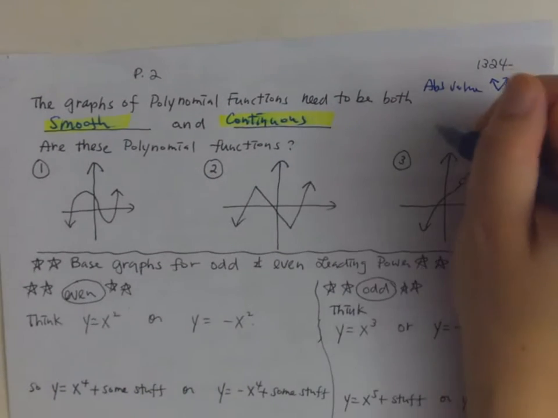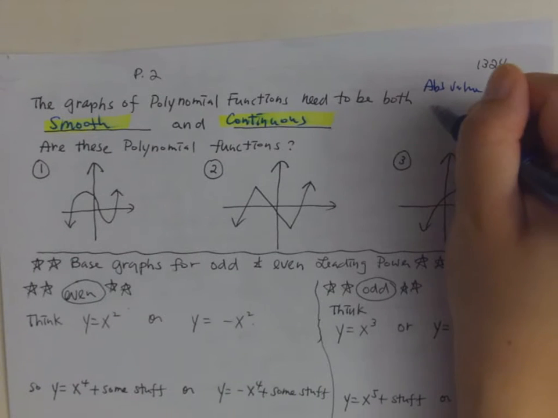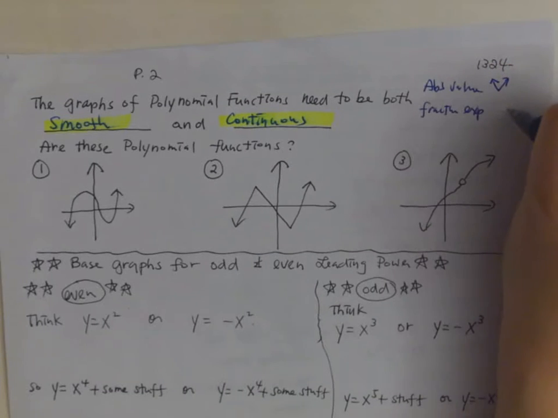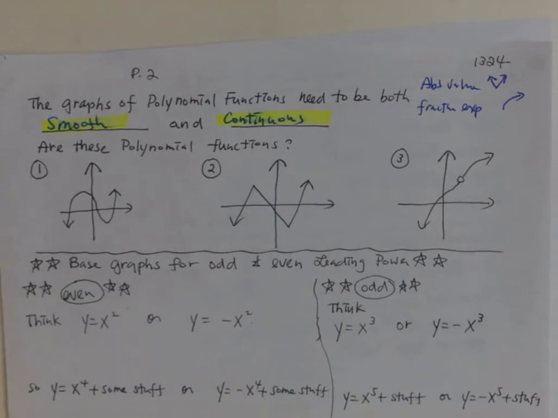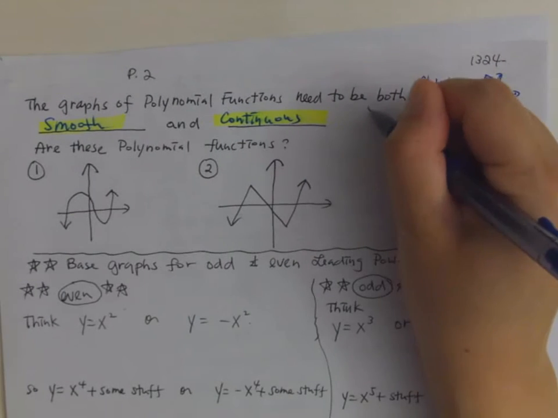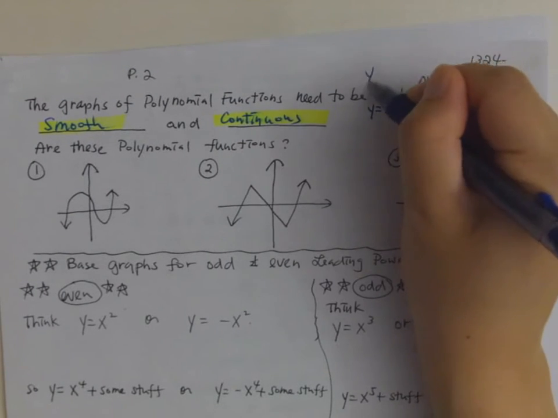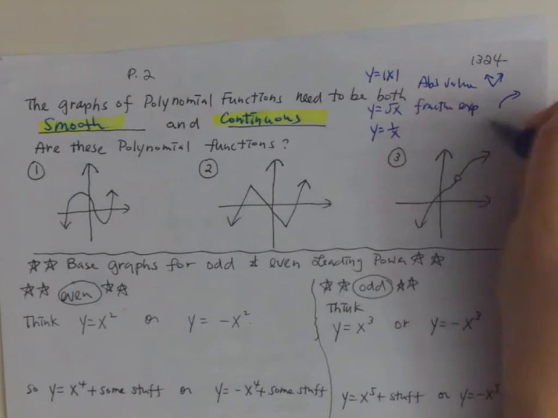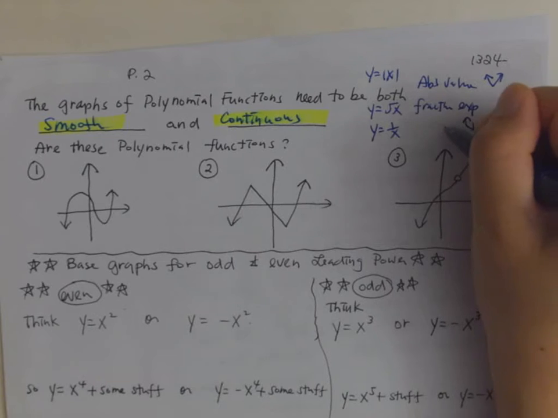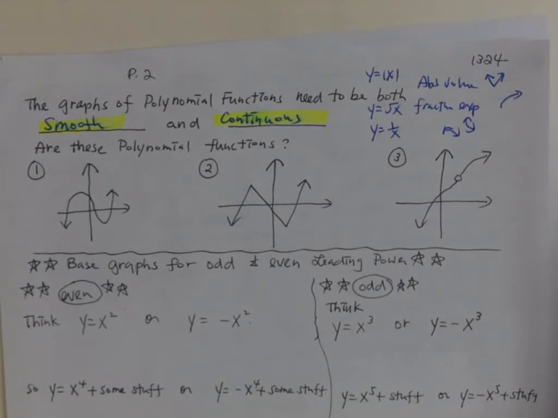If you have fractional exponents like x raised to the 1/2 power, it starts from positive numbers, so it's not continuous. And then no negative exponents. This is y equals the square root of x, this is y equals the absolute value of x. If you have y equals 1 over x, it's going to come in pieces, so it's not going to be continuous.